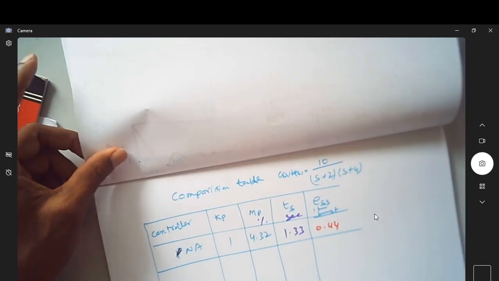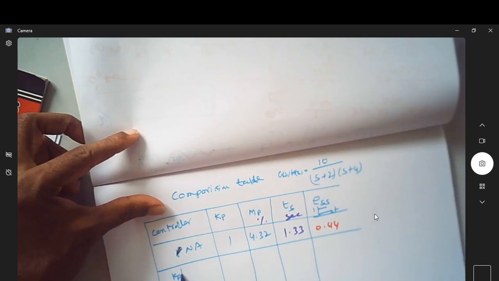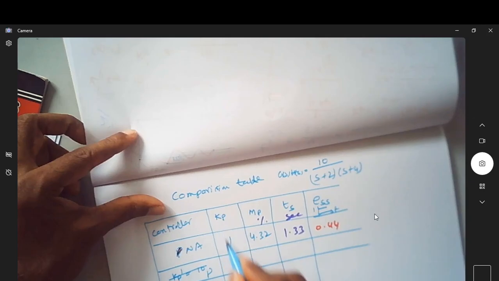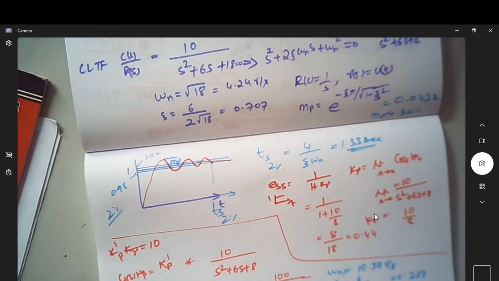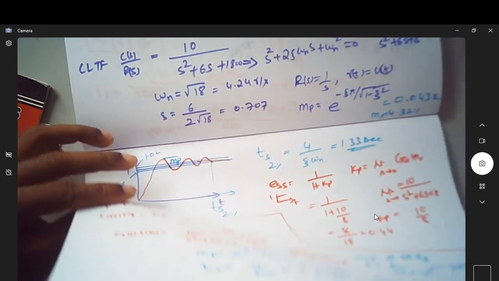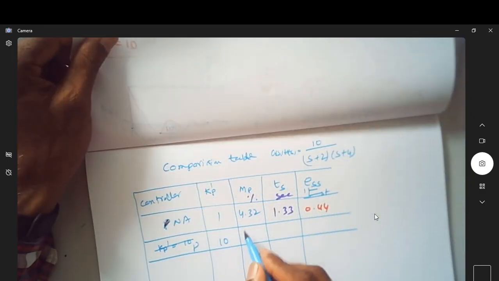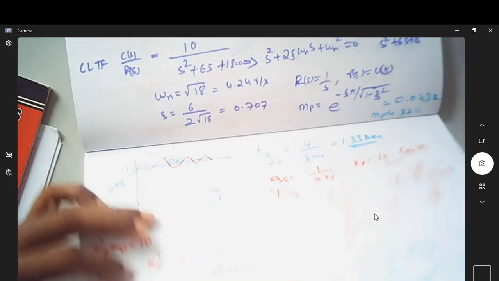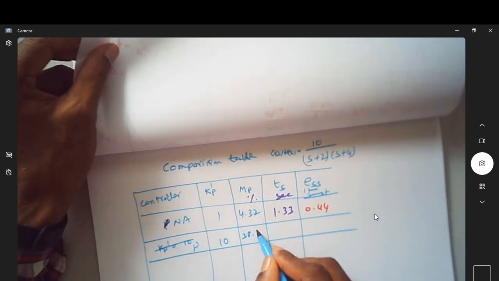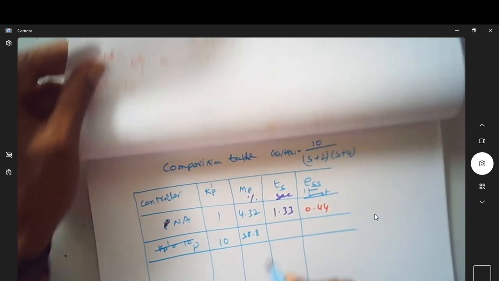When you had a controller with Kp dash equal to 10, this proportional control, Mp has risen from 4.32% to 38.8% overshoot.